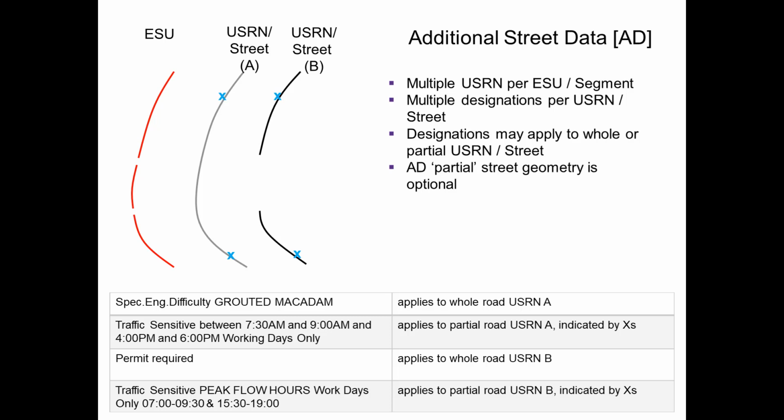But the real problems start when those designations may apply to just part of the street, what are termed partial streets. That's typically defined as just start and end coordinates, because providing the geometry is optional in the data model.